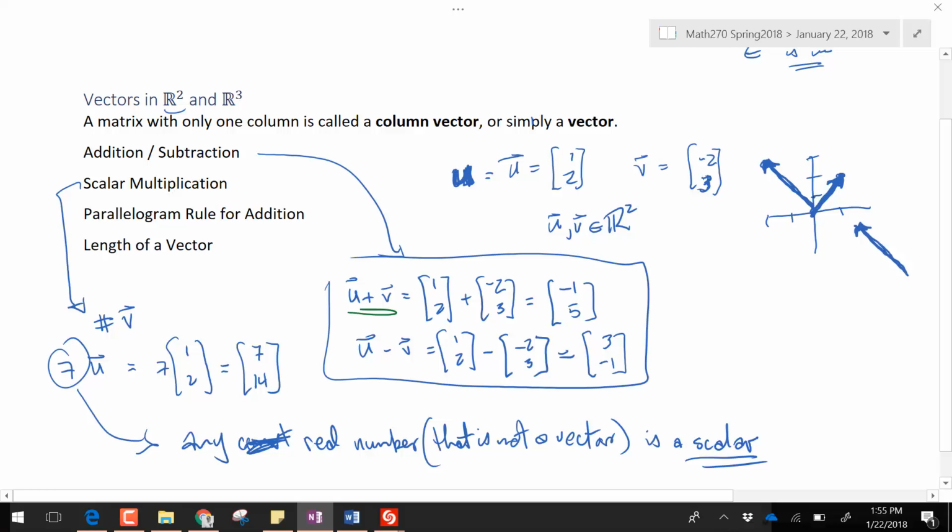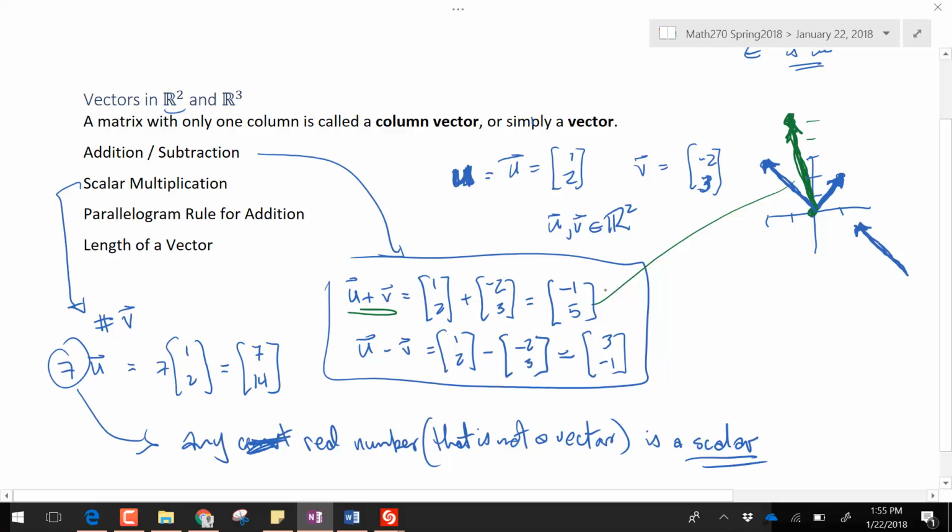So -1, 1, 2, 3, 4, 5, somewhere up here. See if I did this to scale. So I get this new vector that's equal to the sum of the two vectors.